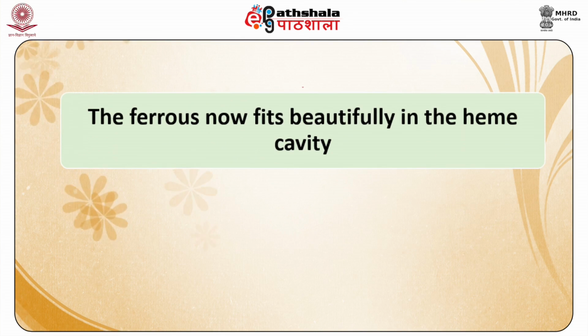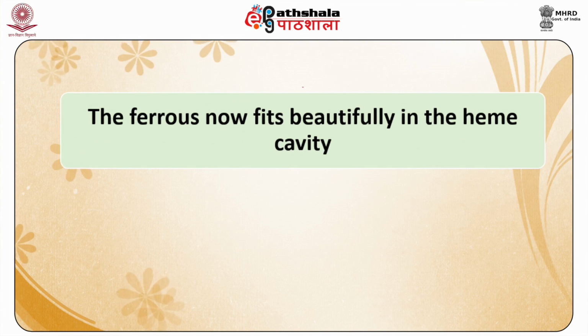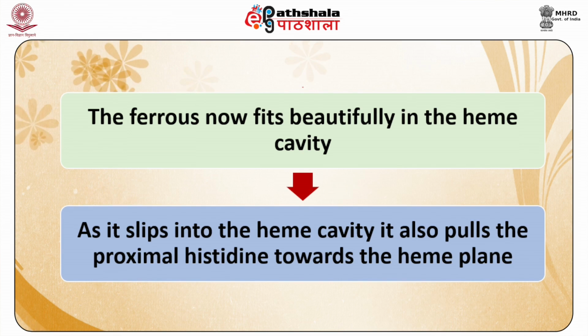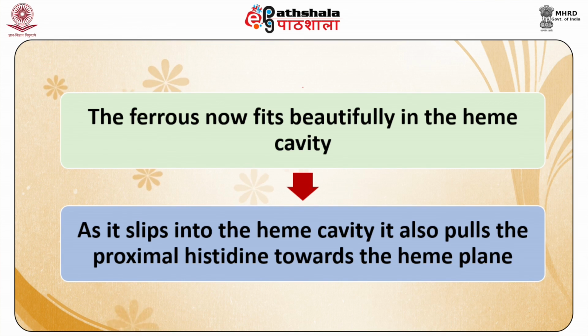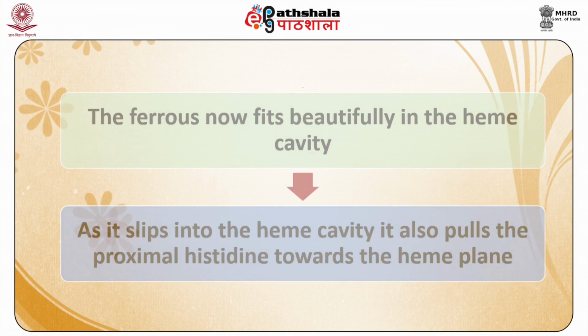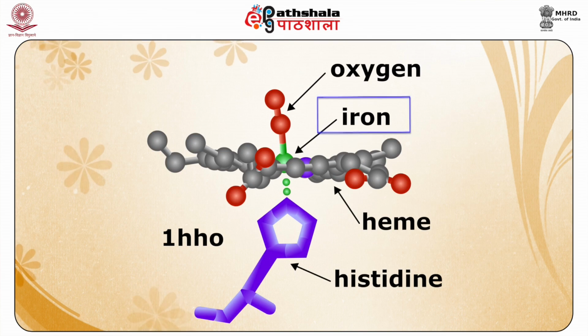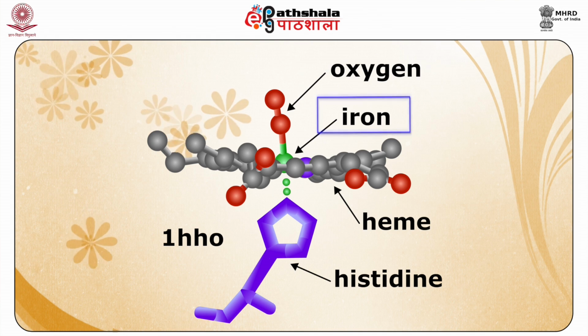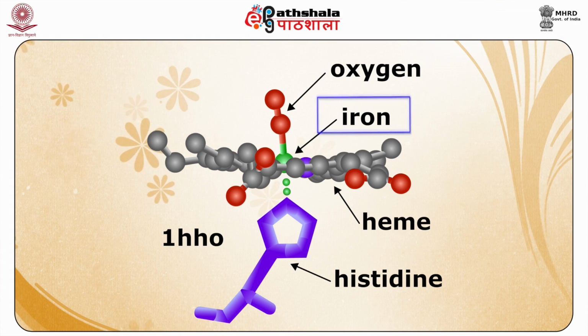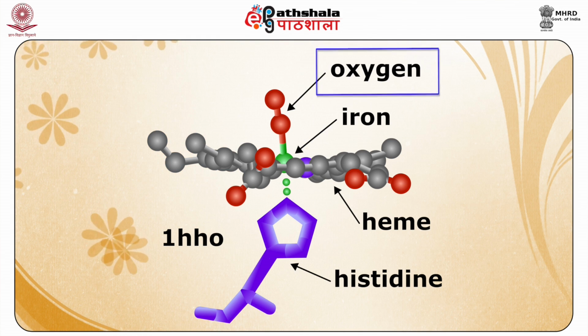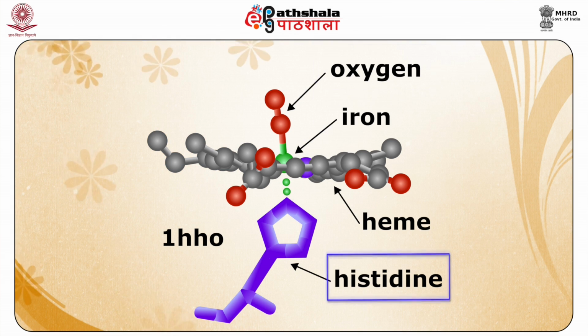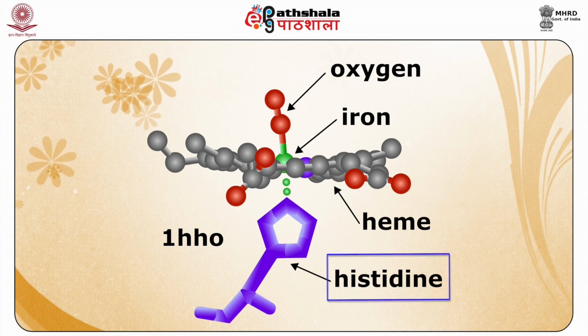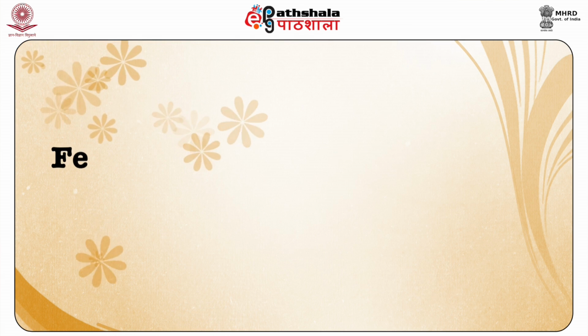The ferrous now fits beautifully in the heme cavity. As it slips into the heme cavity, it also pulls the proximal histidine towards the heme plane. Thus, ferrous is hexa-coordinated in oxyhemoglobin with an octahedral geometry, as shown in the figure. Oxygen is hydrogen bonded to the imidazole NH of the distal histidine.